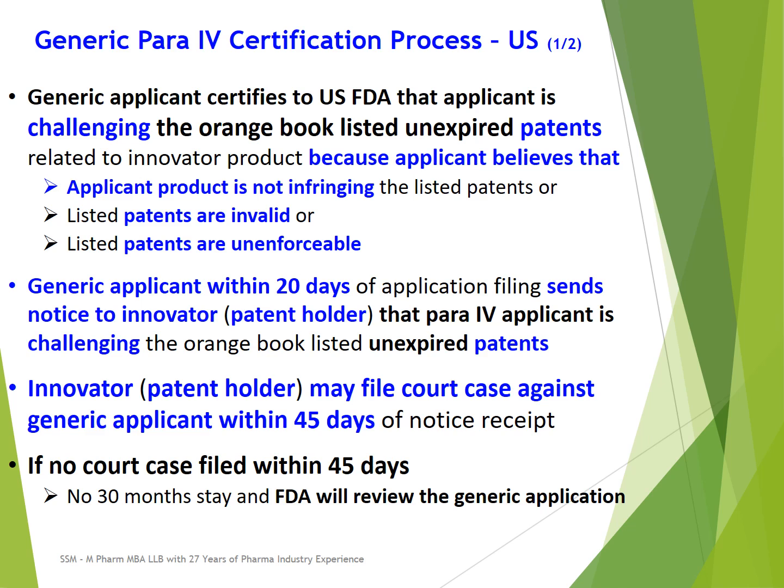But if no court case is filed by the patent holder within 45 days, then FDA will review the generic application and may approve it, and there will be no stay against approval of the generic application.